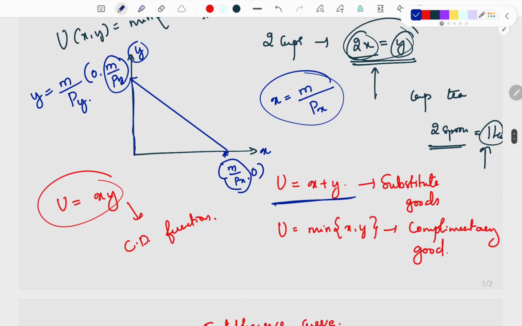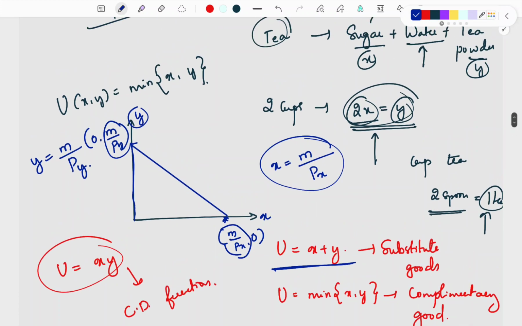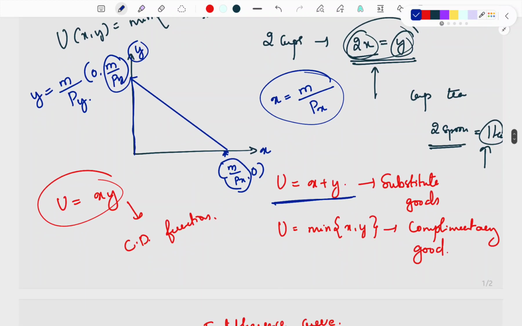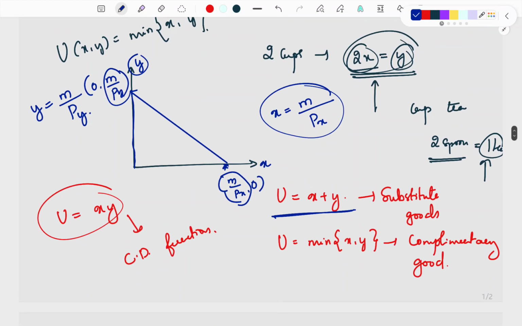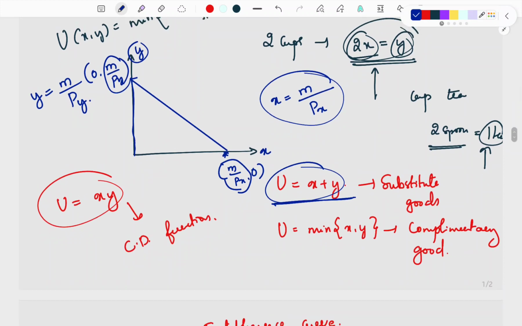Now the utility should obey this utility equation, and the indifference curve should obey it.